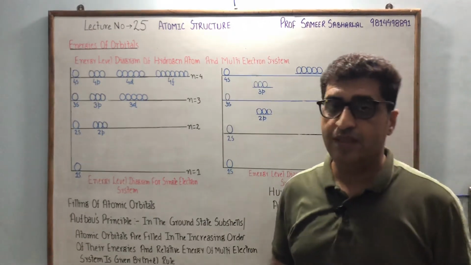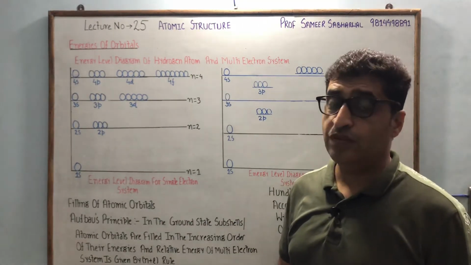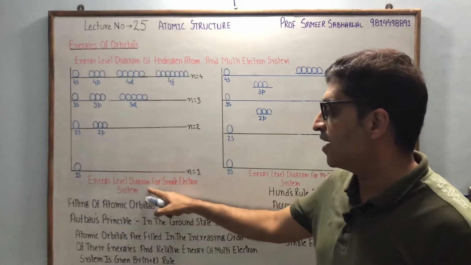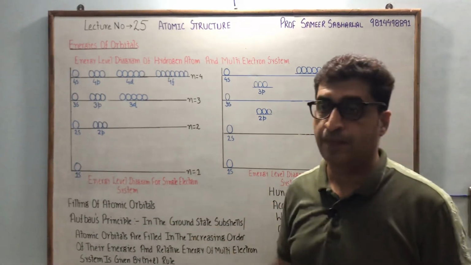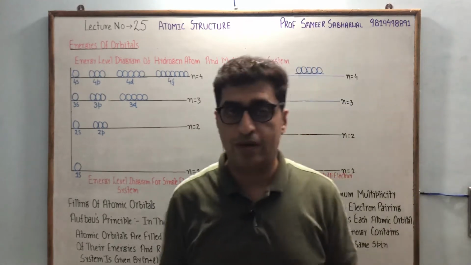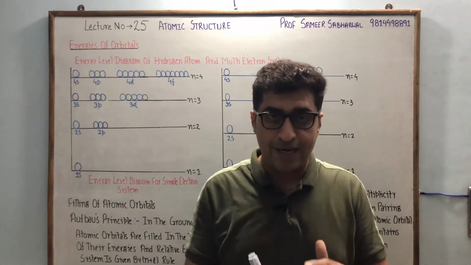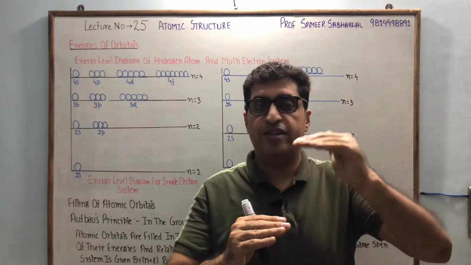Let us start with hydrogen atom, which is a single electron system. So I have written here the energy level diagram for single electron system. Now remember the most important thing. In an atom, we have various energy levels.